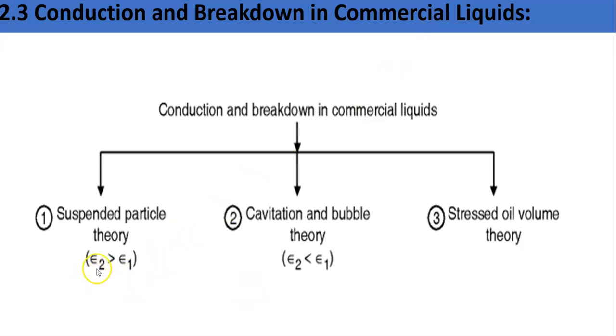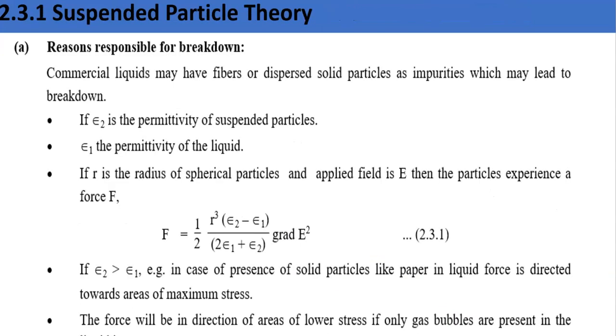It is very important. If epsilon 2 is greater than epsilon 1, it is the suspended particle theory. If epsilon 2 is less than epsilon 1, then it is the cavitation and bubble theory. So let us see that one by one. Let us see the first theory, which is the suspended particle theory.